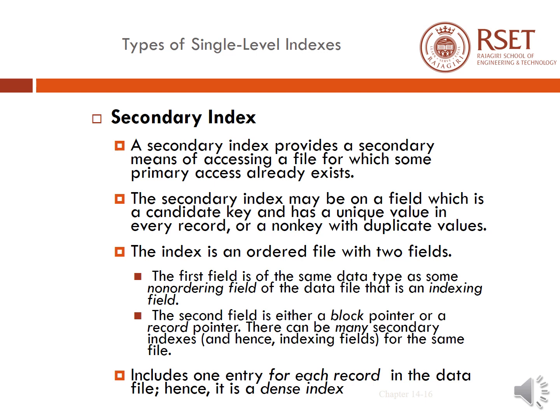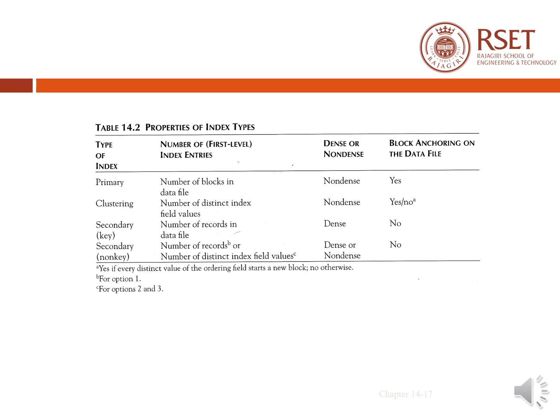It is normally a dense index that we are creating. So this is actually a comparison table. Primary is non-dense. How many blocks are there? For each block we will have an index, so that is a non-dense value. For each block we are pointing out.